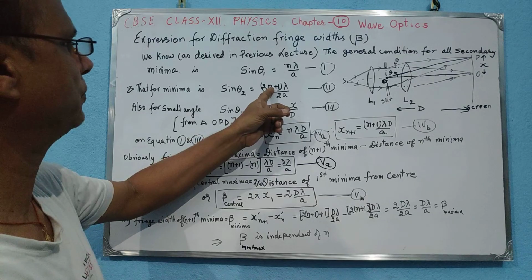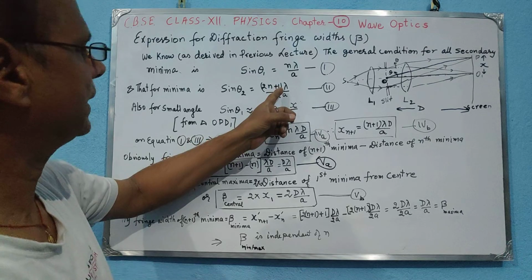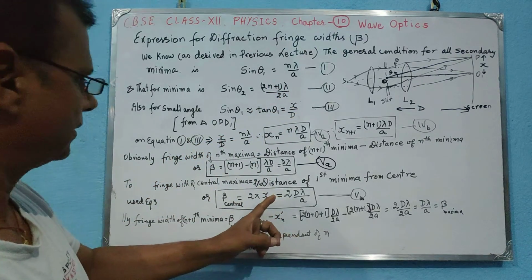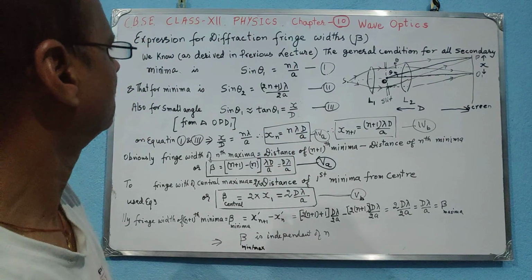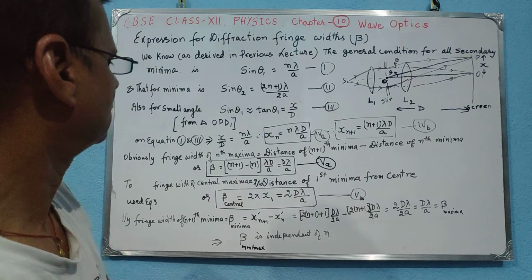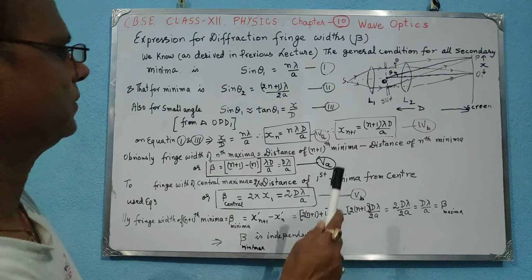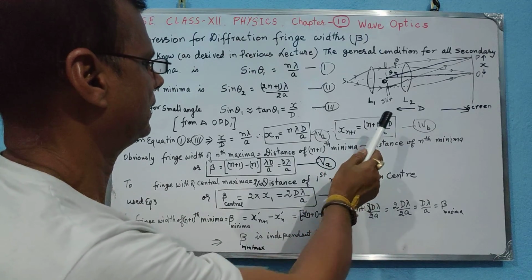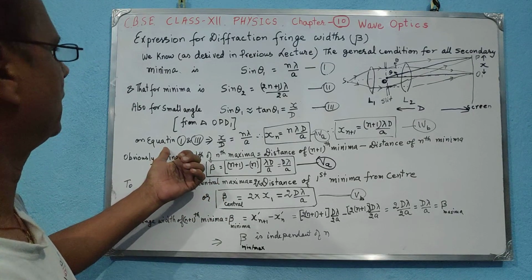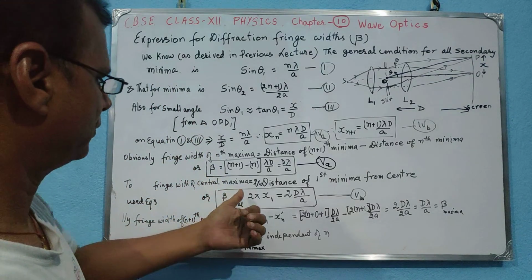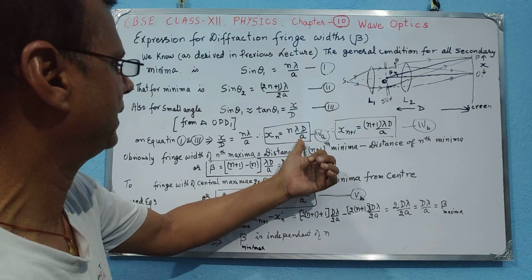If we have n equal to 1, we get 1 plus 1, that is 2 lambda by 2a, and that becomes d lambda by a. This is for the minima, and for n equal to 1 we have lambda d by a.